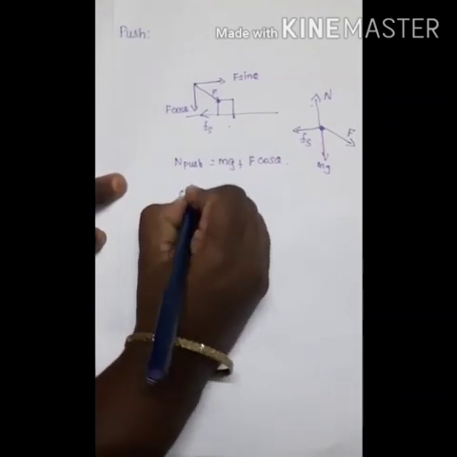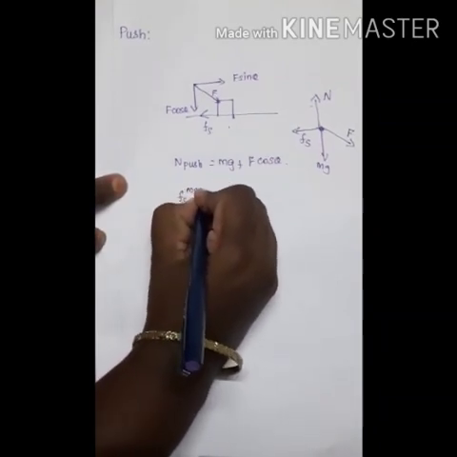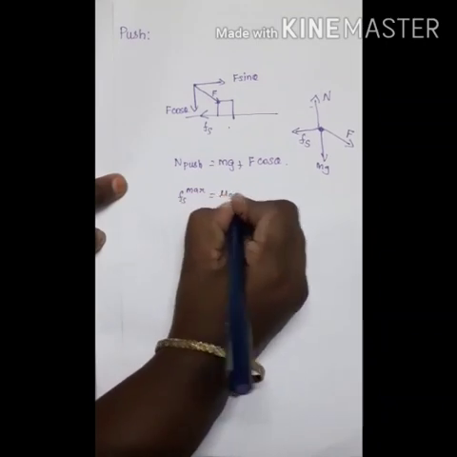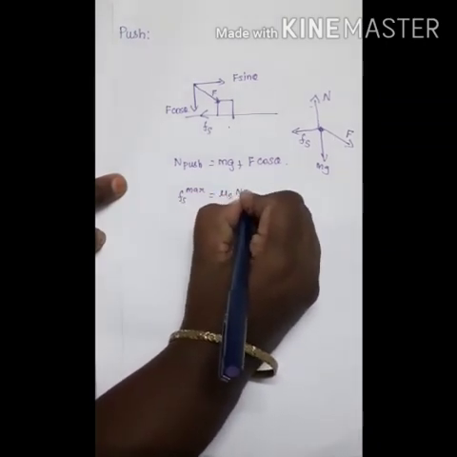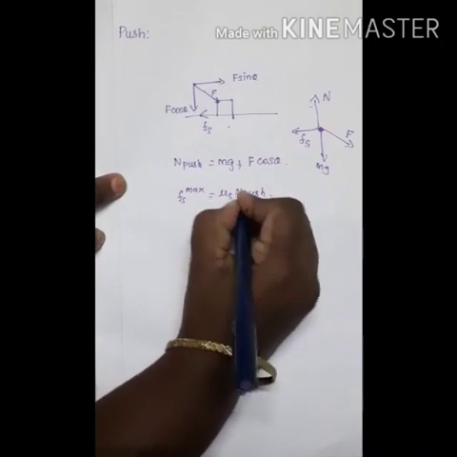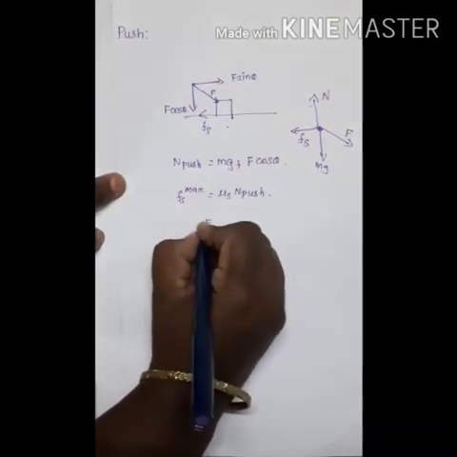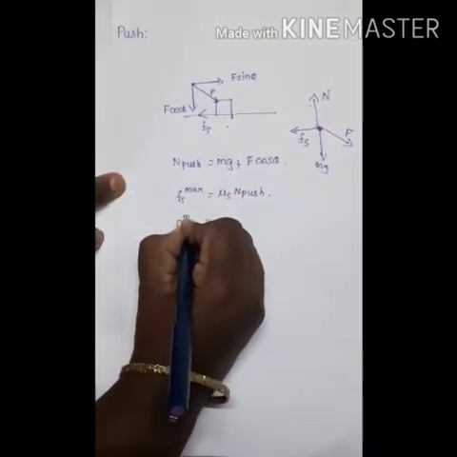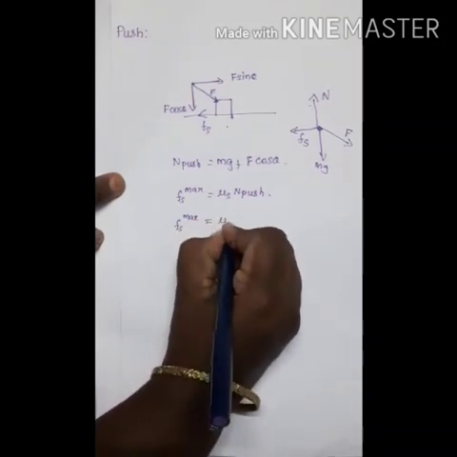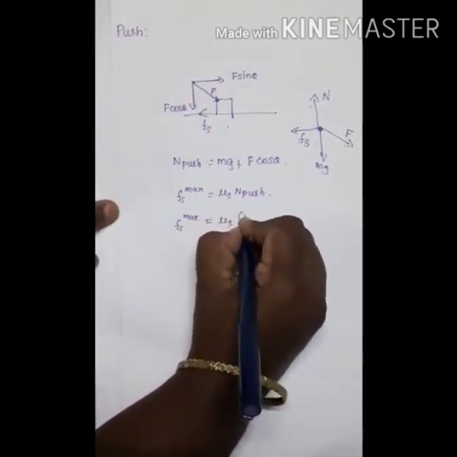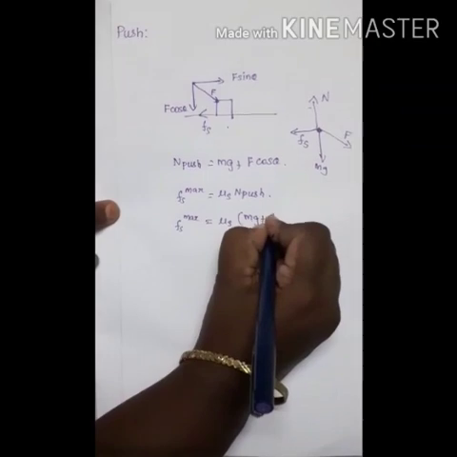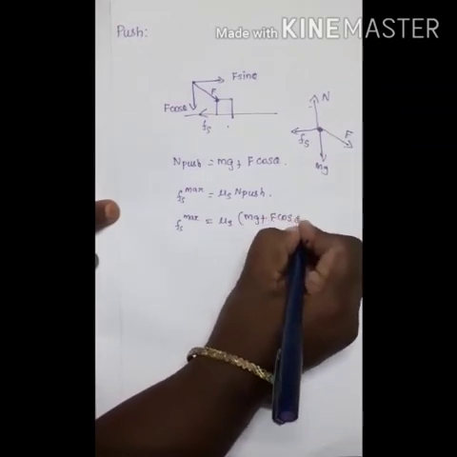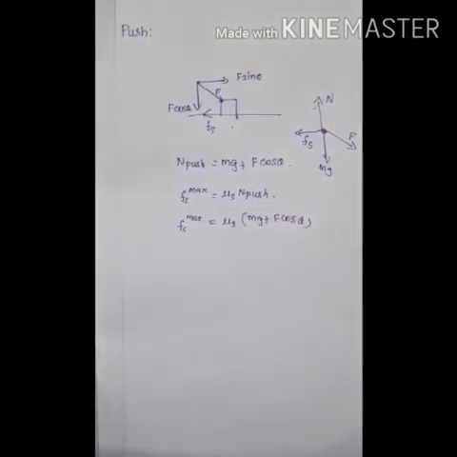Therefore, F_s maximum is equal to mu_s into N push. Substituting the N value, F_s maximum is equal to mu_s times (mg plus F cos theta). This equation shows that a greater force needs to be applied to push the object into motion.